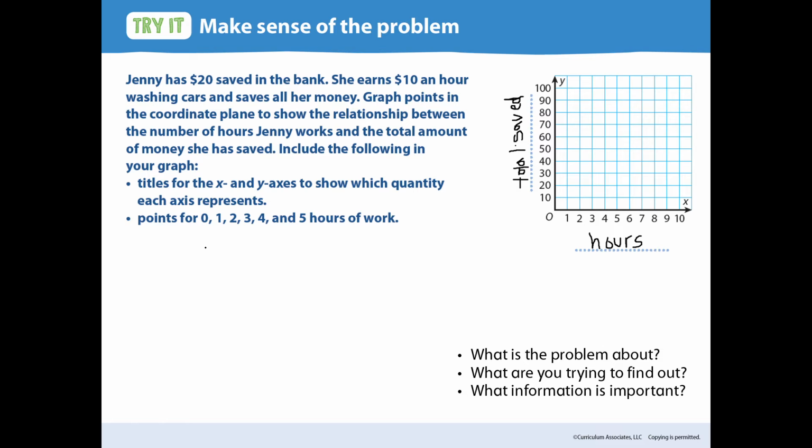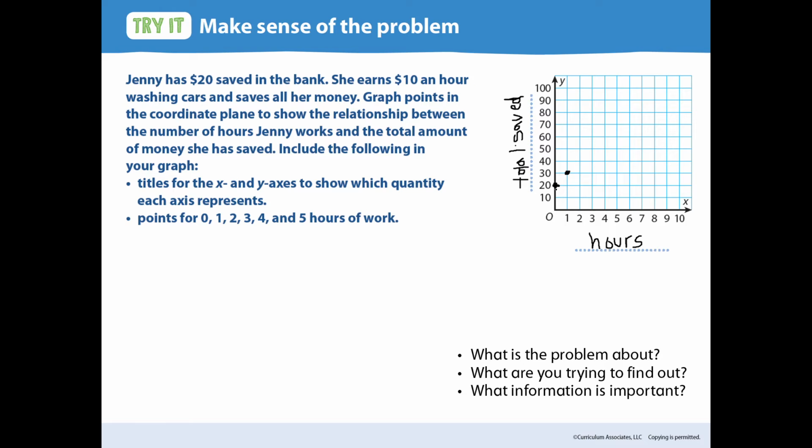So each hour that she works, she earns $10. So she already has 20 right here. So if she works 1 hour, she earns $10. And I guess we need 0 too, so she already has $20. So she works 0 hours, she has her $20 in the bank already.